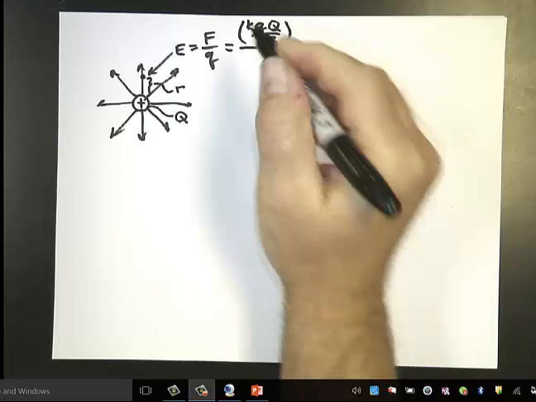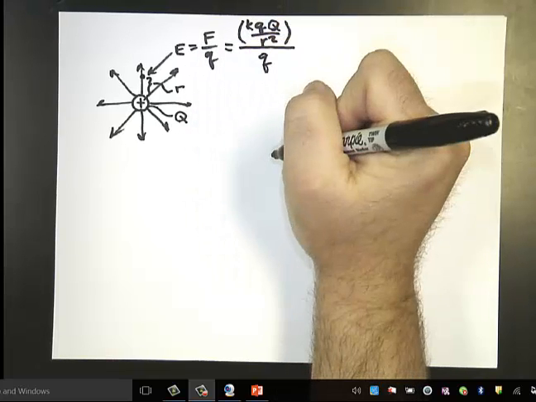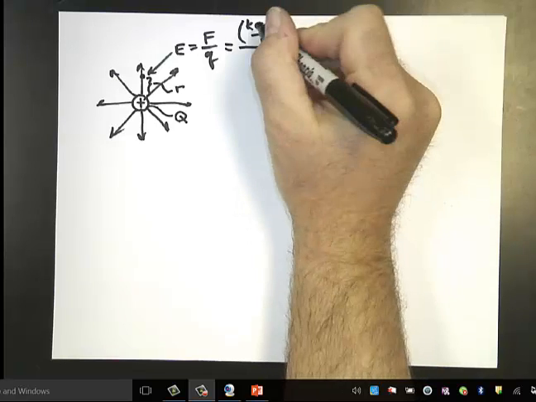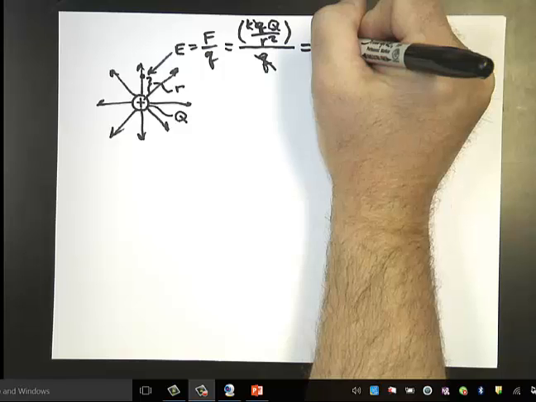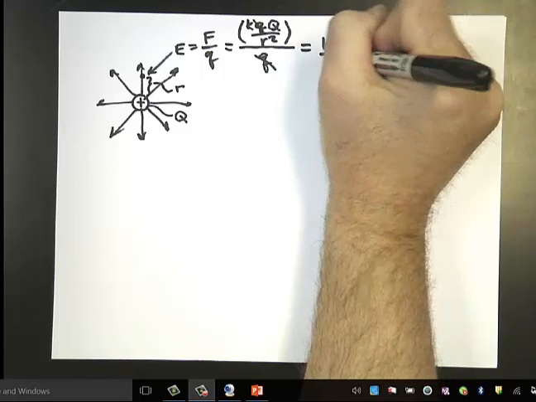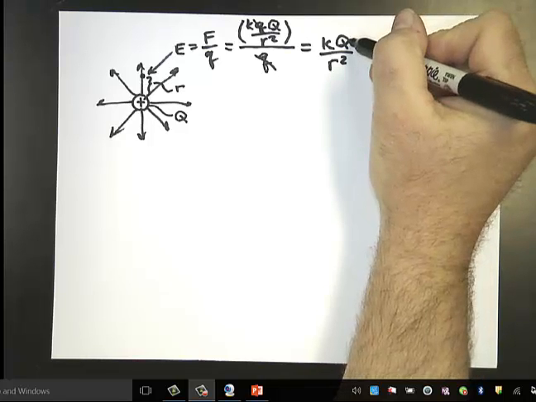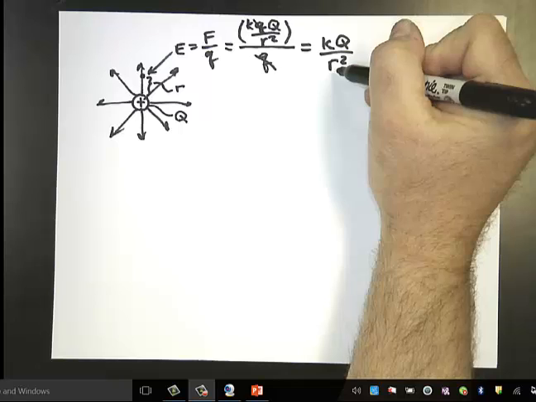So in place of F, I put this and divide by the baby charge, the test charge. So for a single charge, the electric field nearby is equal to kQ over r squared, where big Q is the charge creating the field, r is how far away you are from it.